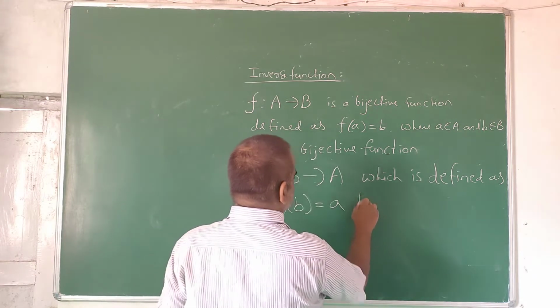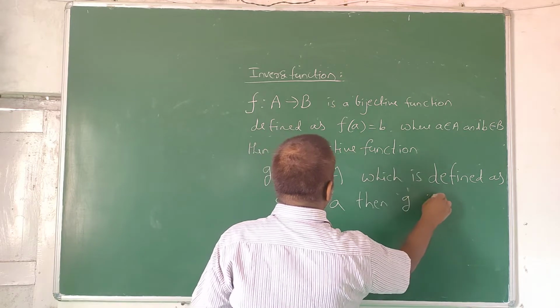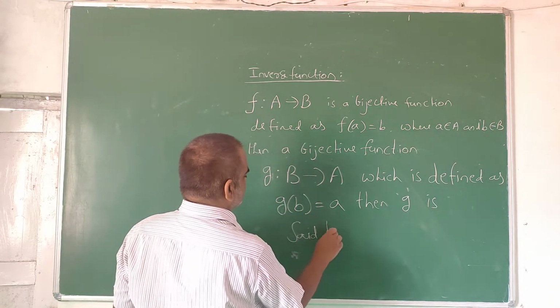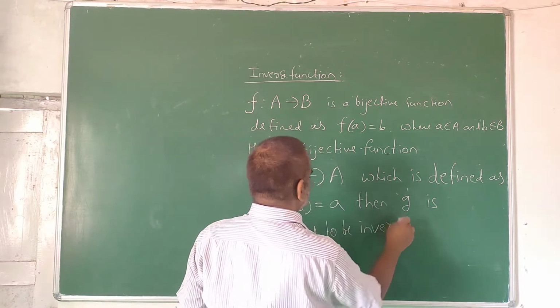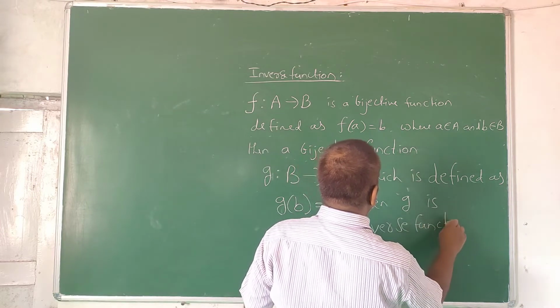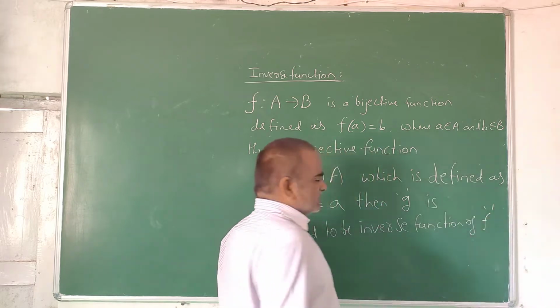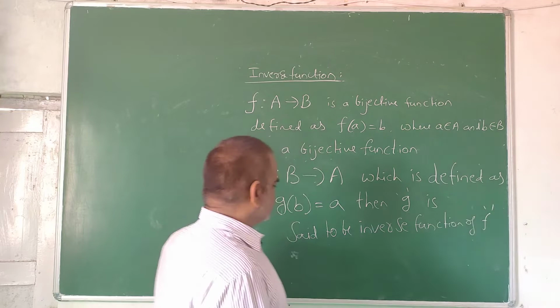then g is said to be inverse function of f. And using symbols, how do you denote?